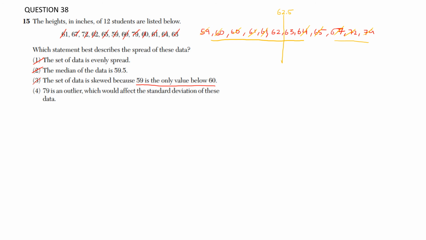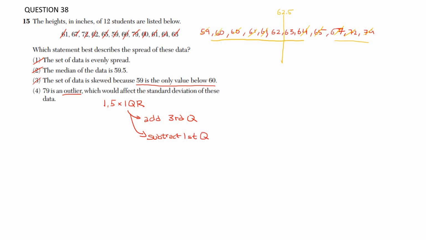Now, finally, for answer choice 4, it says 79 is an outlier, which would affect the standard deviation of these data. So what is an outlier, you must ask? That's defined as 1.5 times the interquartile range, and then you either add this to the third quartile, or you subtract it from the first quartile.